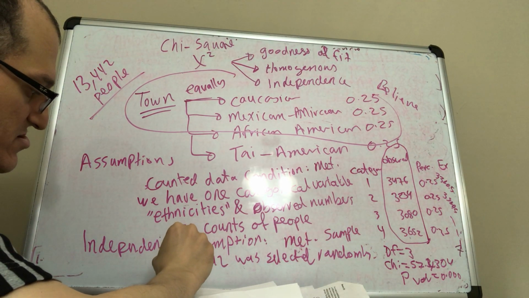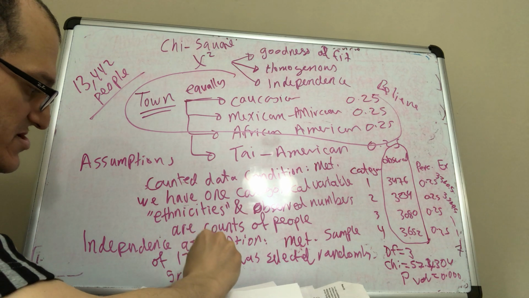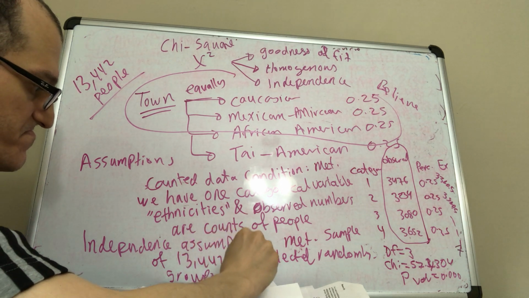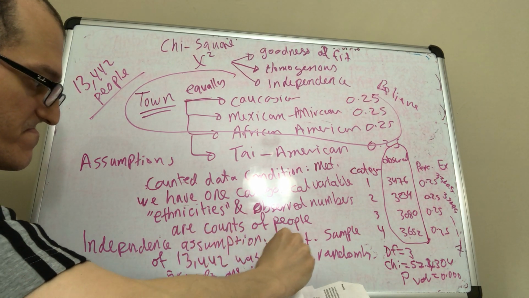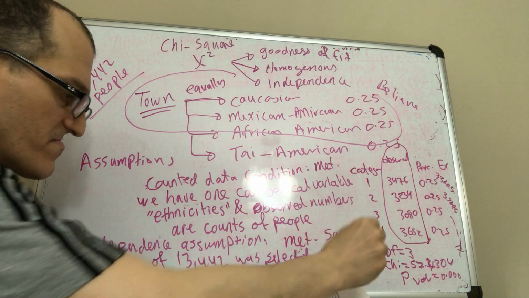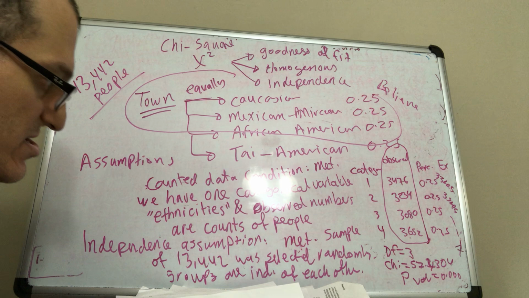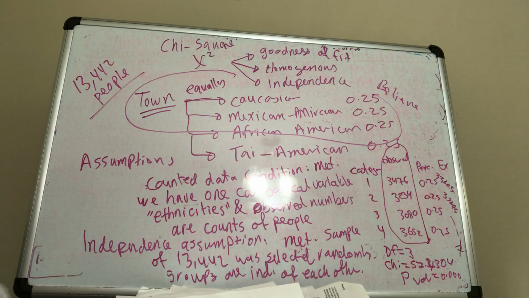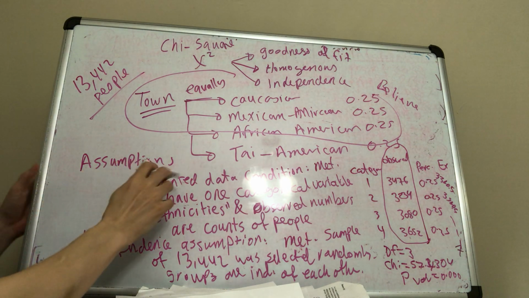So groups are independent of each other. Good. So counted data met, the independence assumption met.